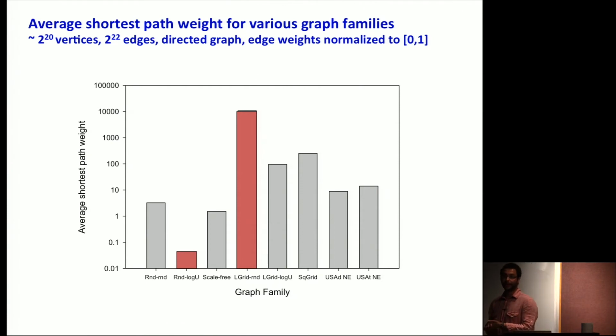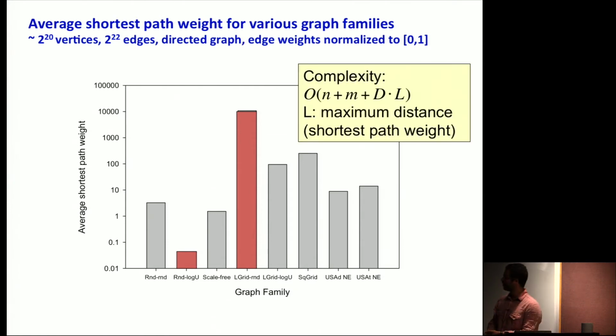So these two things combined determine how fast the algorithm runs, because its complexity is really linear on the number of edges and vertices, plus the diameter times the maximum shortest path weight, the length of the shortest path. I should have called it length. Another update. So essentially, you can look at your graph and figure out whether this is going to be a good algorithm or not.